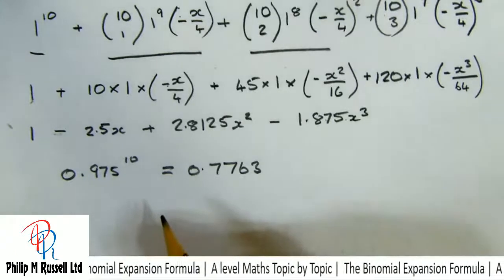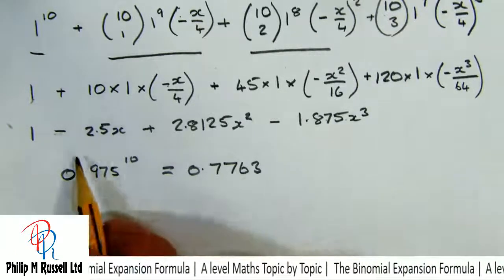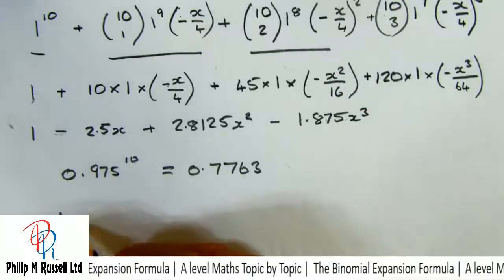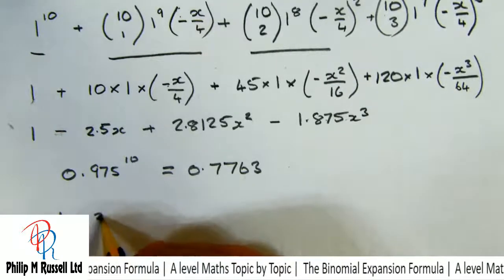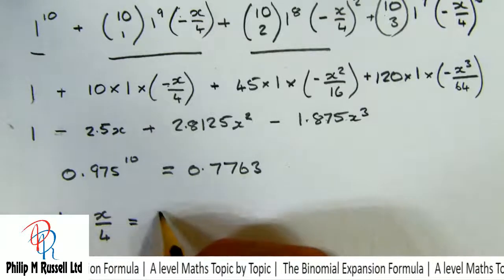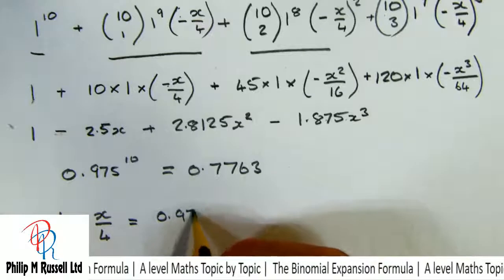So basically what number we want is we want 1 minus x over 4, and that is going to equal 0.975.